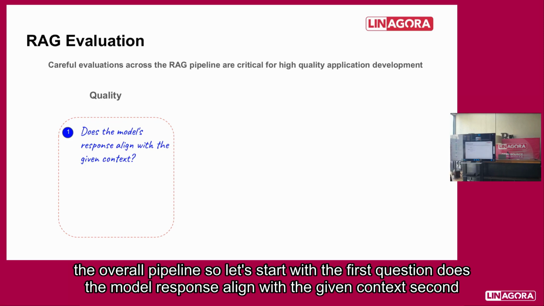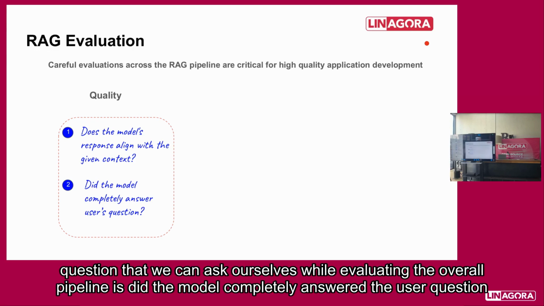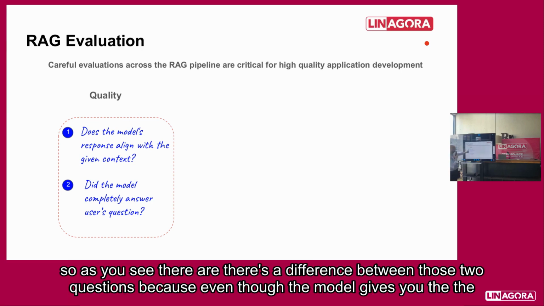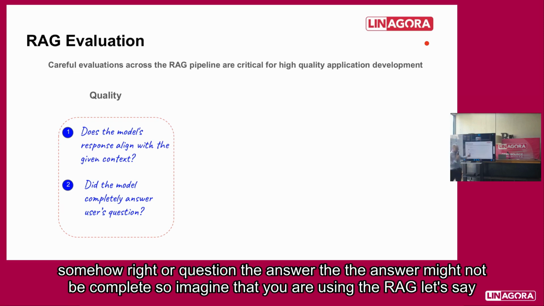So let's start with the first question: does the model response align with the given context? The second question we can ask ourselves while evaluating the overall pipeline is: did the model completely answer the user question? There is a difference between those two questions, because even though the model gives you a somewhat right answer, the answer might not be complete.